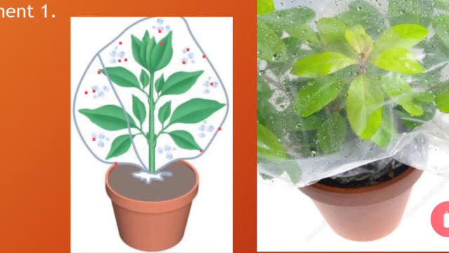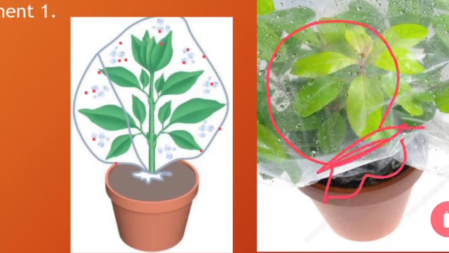Similarly, we can take an empty polythene bag, tie the mouth of the polythene bag and leave the bag under the sunlight. After some hours, we'll not find such water vapor on the inner surface of the polythene bag.